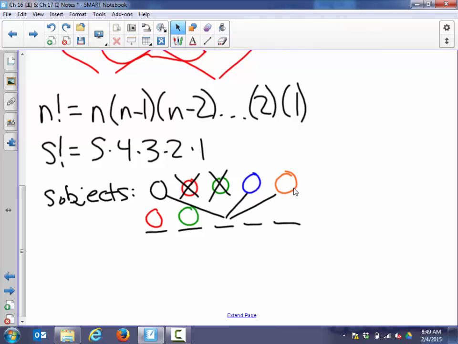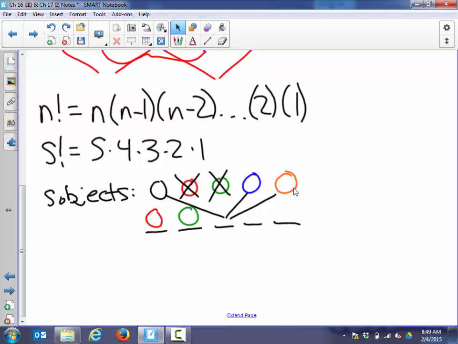Well, that leaves me with 3 remaining ways that I can fill that third slot, etc., etc. So what 5 factorial does in this particular case is it tells us the number of ways you can arrange 5 things in 5 positions, where the order is important here.